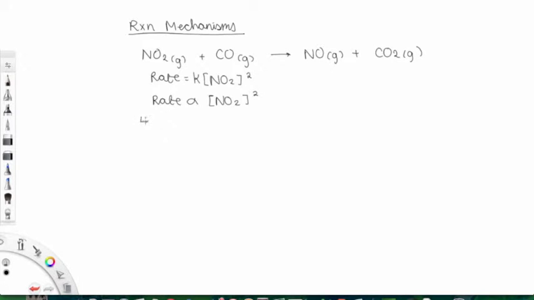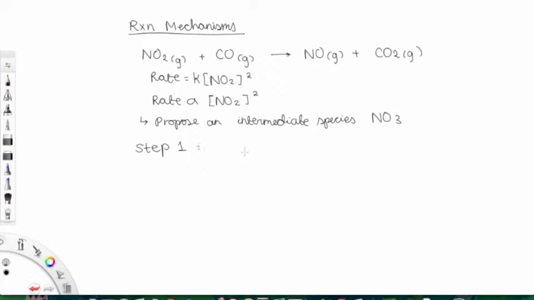And so from here we can propose an intermediate species. Let's say NO3, which is not a reactant and it's not a product since it's an intermediate species. And so the proposed reaction mechanism from here has 2 steps.